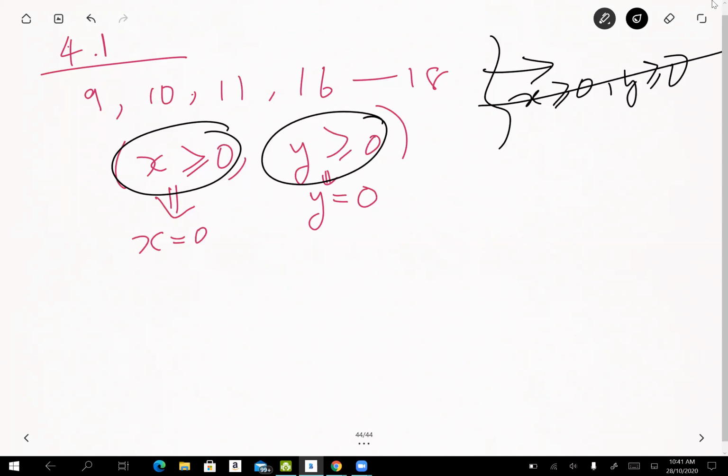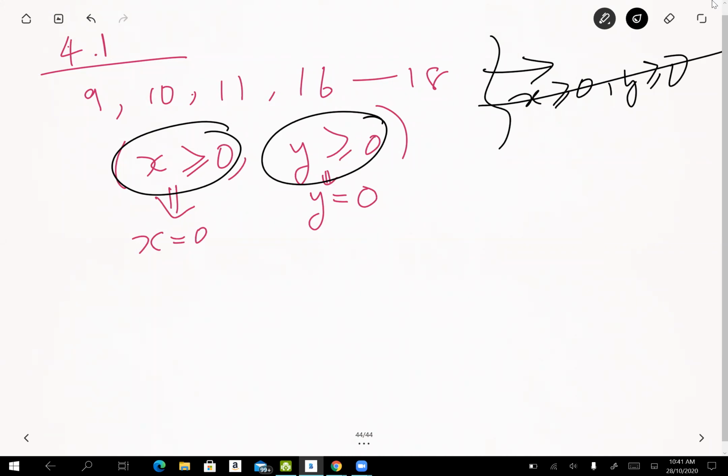For now, we just need to know where that inequality is. So make sure you know, x equal to 0 is the y-axis. Y equal to 0 is the x-axis. So we are done with the concept of inequality. All right, any question, any comment?